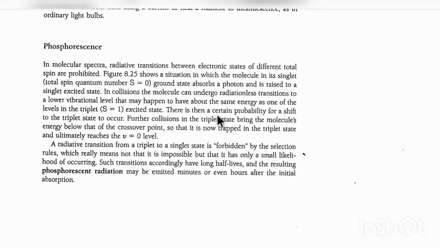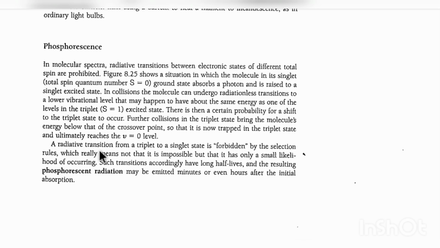There is then a certain probability for a shift to the triplet state to occur. Further collisions in the triplet state bring the molecule's energy below that of the crossover point, so that it is now trapped in the triplet state and ultimately reaches the v equal to 0 level.